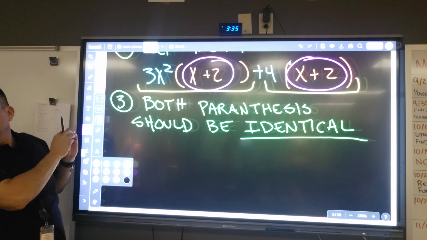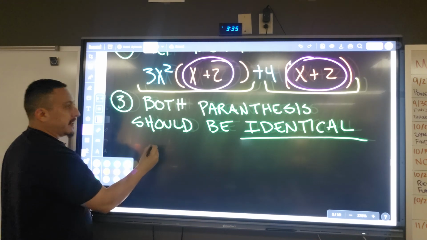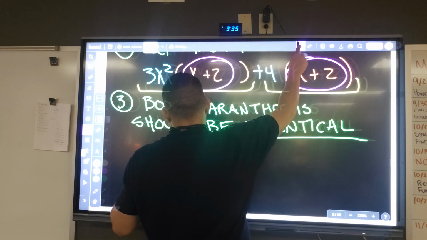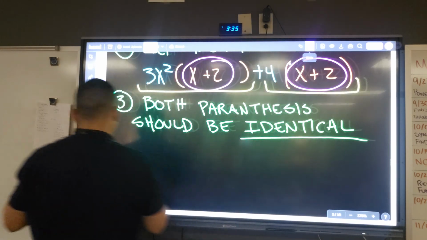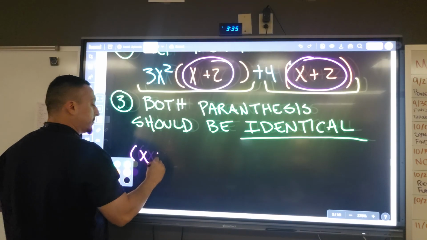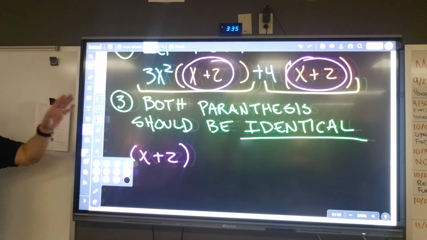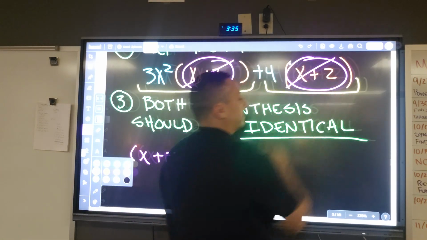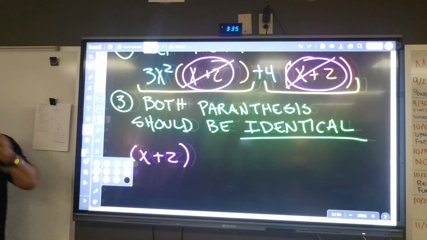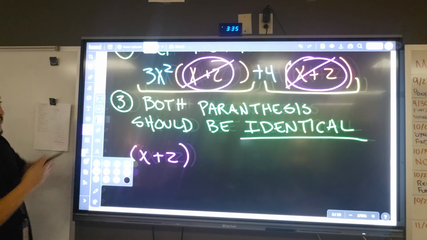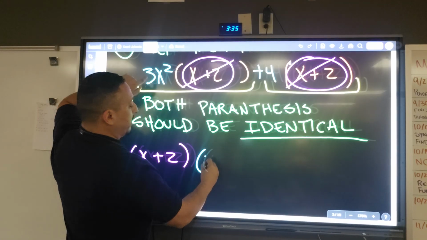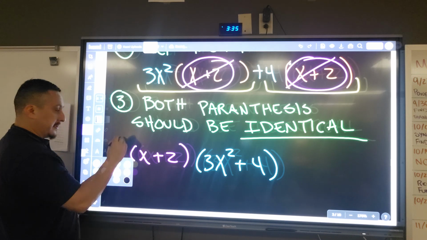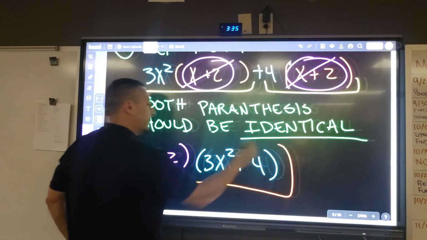Just like I would take out an x, I can take out x plus 2, because they both have it in common. If I take it out, that means those are not there no more. And whatever's left over, that makes your other binomial. And that, ladies and gentlemen, is your final answer for this.